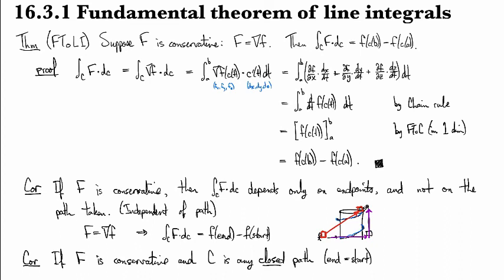So it's a closed loop. Then the closed integral of F dot dc is 0. Because you have the same quantity, you have little f of start equals little f of end. So these guys just cancel.